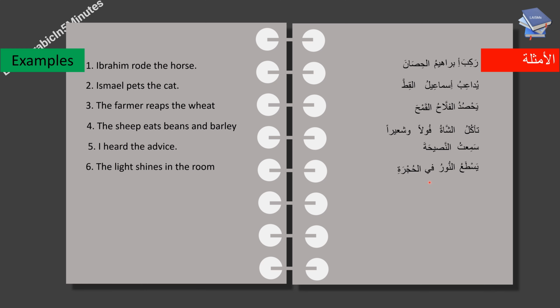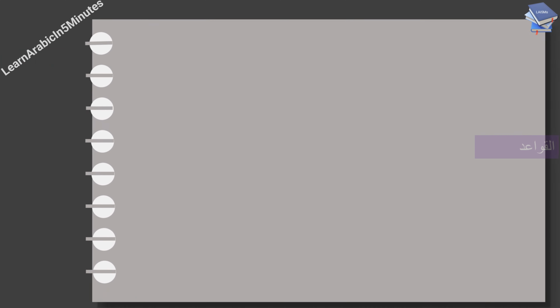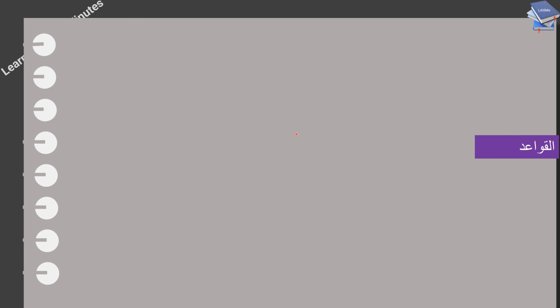يسطع النور في الحجرة. The light shines in the room. تجري السفينة على الماء. The ship is sailing on the water. هل تحب السفر? Do you love traveling? الكلمة 3 أنواع.